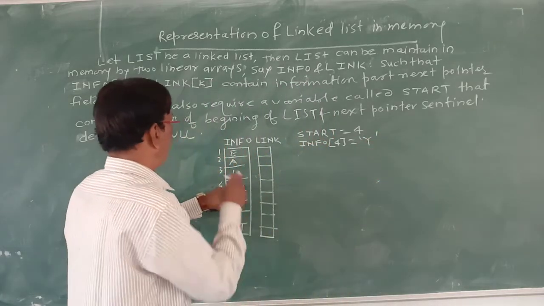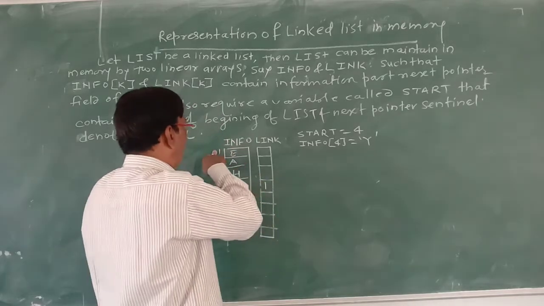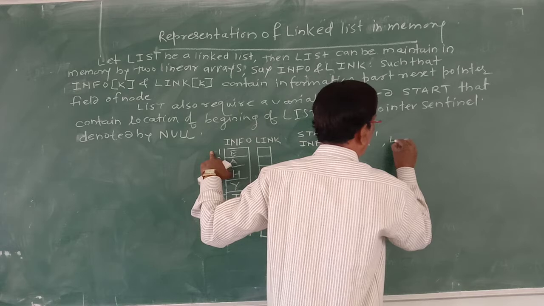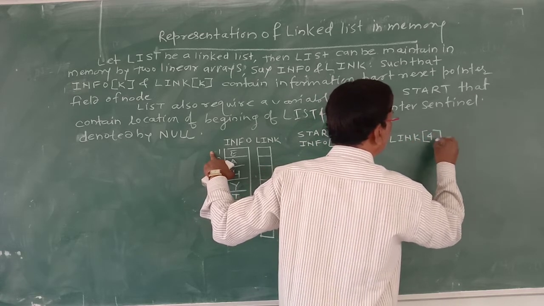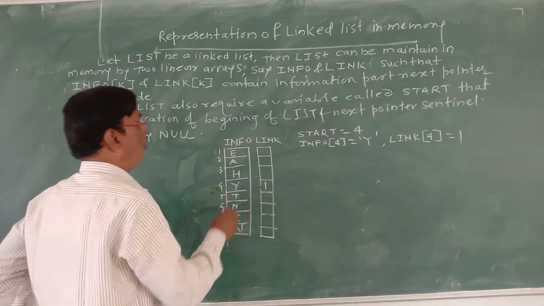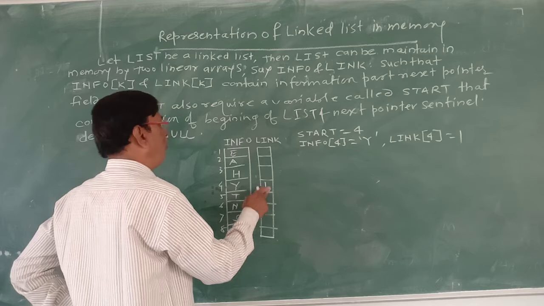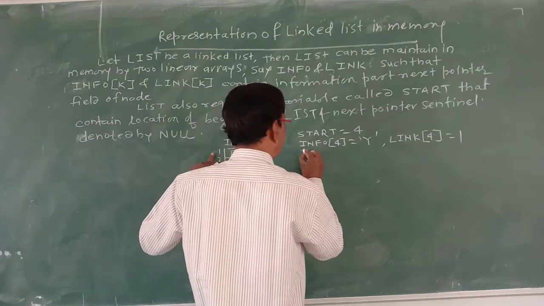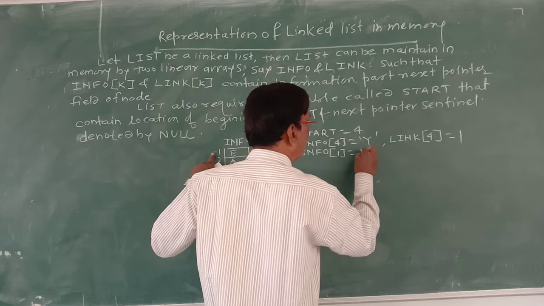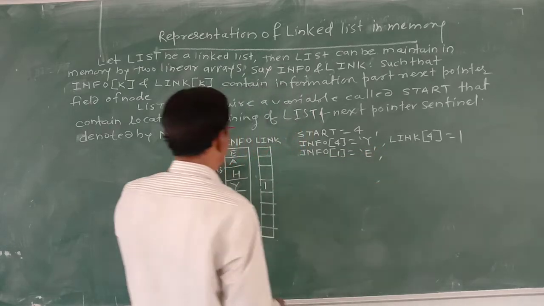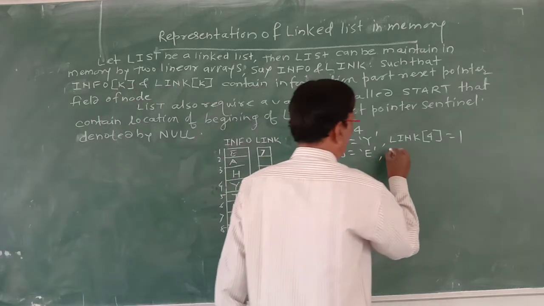So link, suppose we are going to E, that is 1. So link of 4 is equal to 1. Now info of 1 is E. Info of 1 is equal to E. So link of E, suppose we are going to S, that is 7.